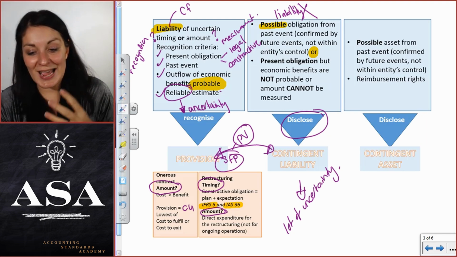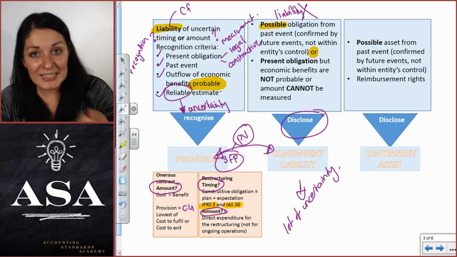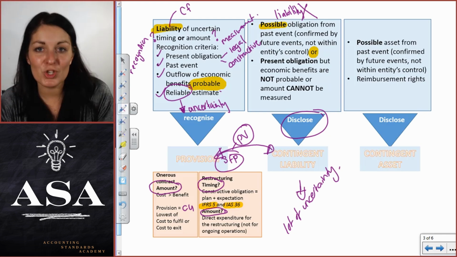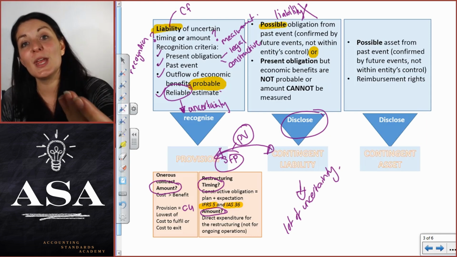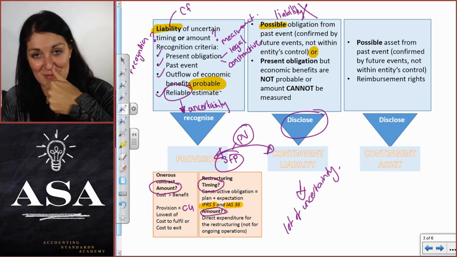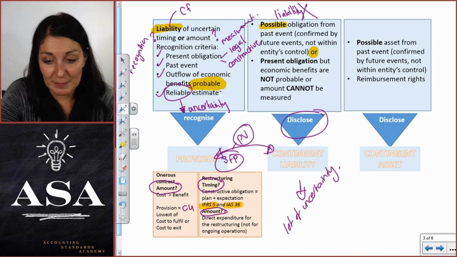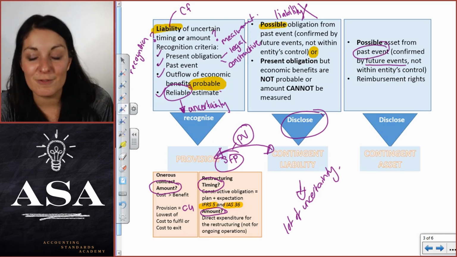So a contingent asset is the other side of the coin. It's where we deal with the inflow of economic benefits, but it's only a possibility, so it's not a certainty. We have this possibility that we will receive economic benefits, but it is not too sure. It is as a result of a past event, but it will only be confirmed in the future.